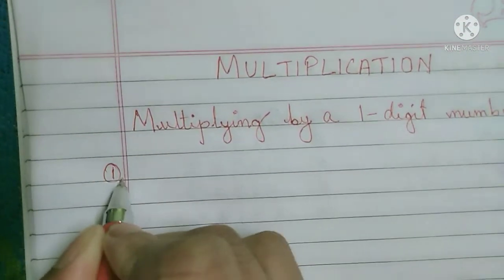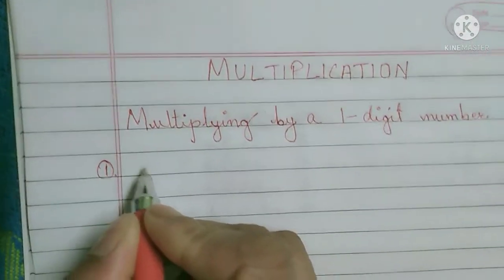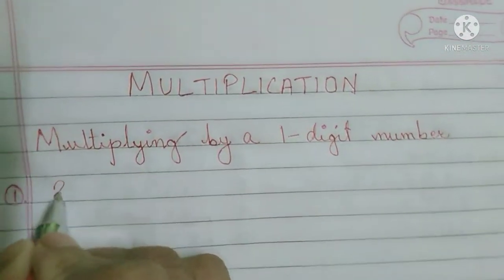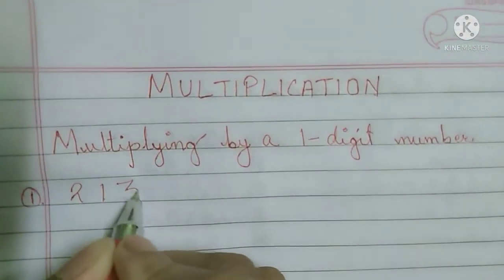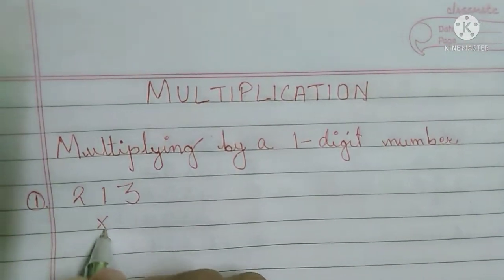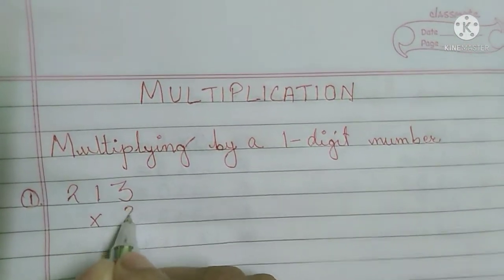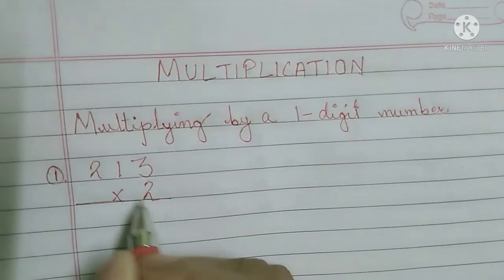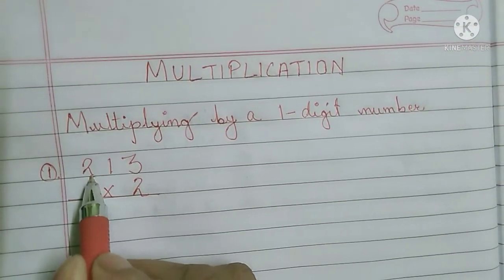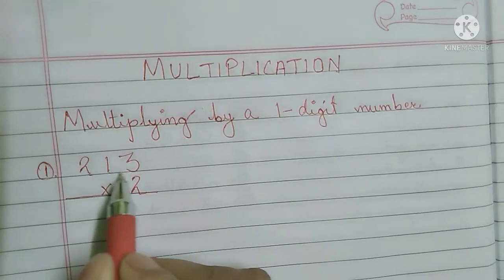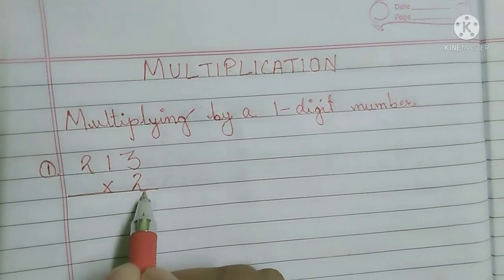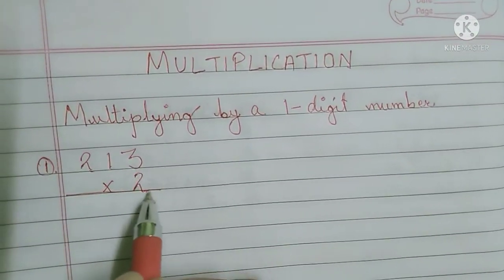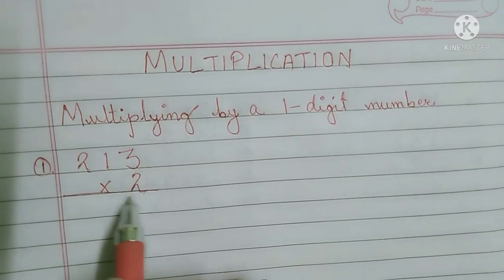Let's take an example of 213 multiplied by 2. We will be learning how to multiply 213 by 2. 2 is a single digit number, one digit number.